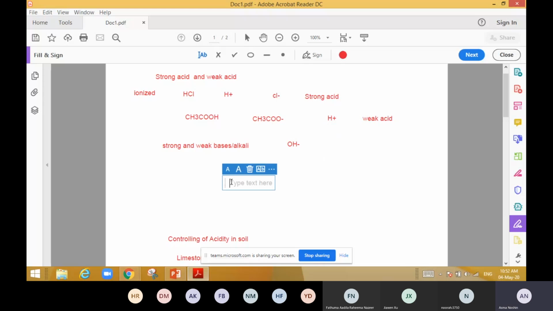Now, if you see, I'm writing NaOH. What is it? It is sodium hydroxide. Okay, this is sodium and this is OH, which means hydroxide. This I will write over here: hydroxide.